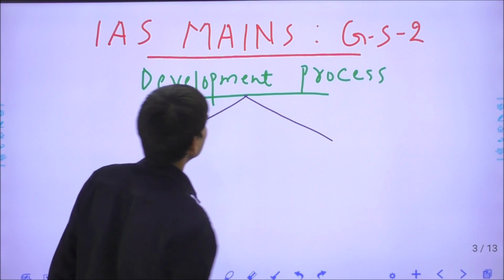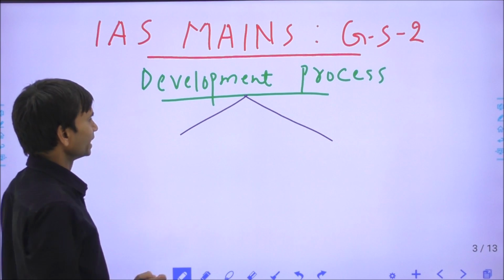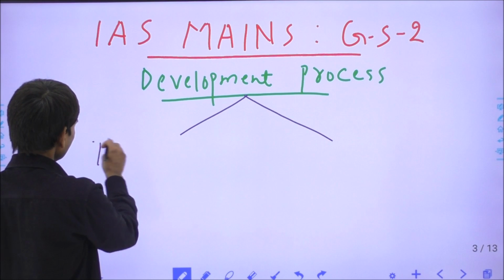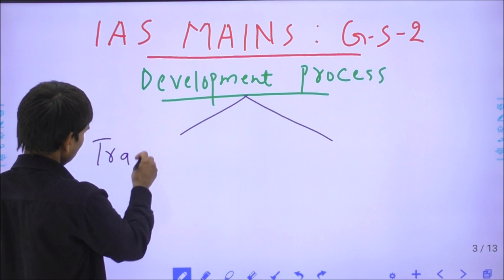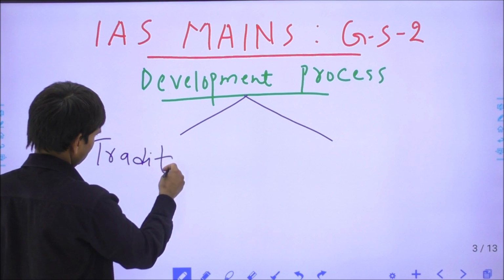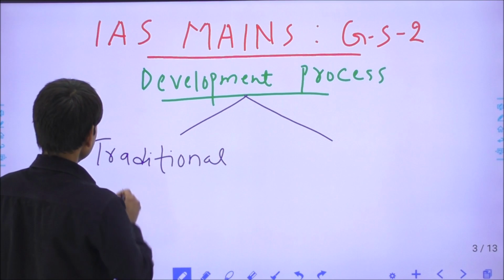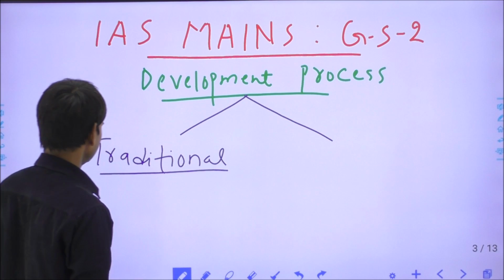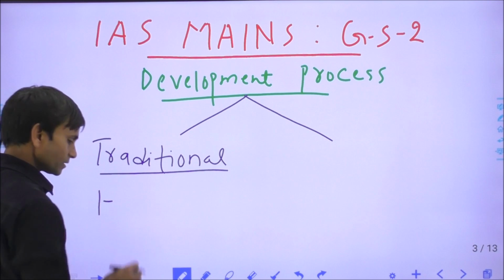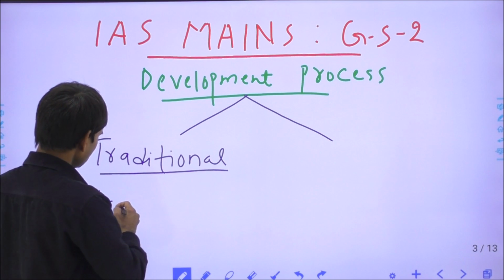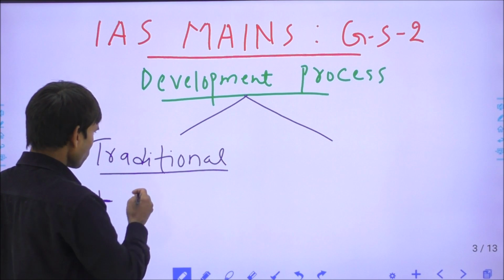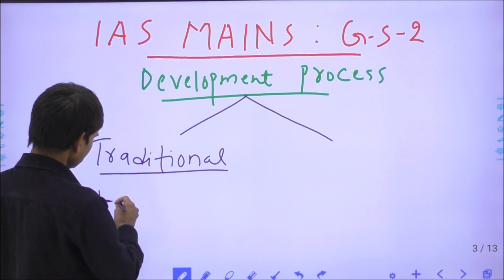There are two dimensions of the development process in India. This is the traditional model, in which we will discuss the bureaucratic structures of development.